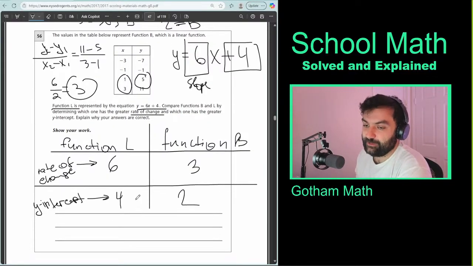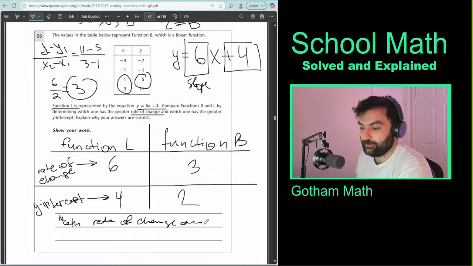And we just have to say it. Both the rate of change and the y-intercept of function L are greater.